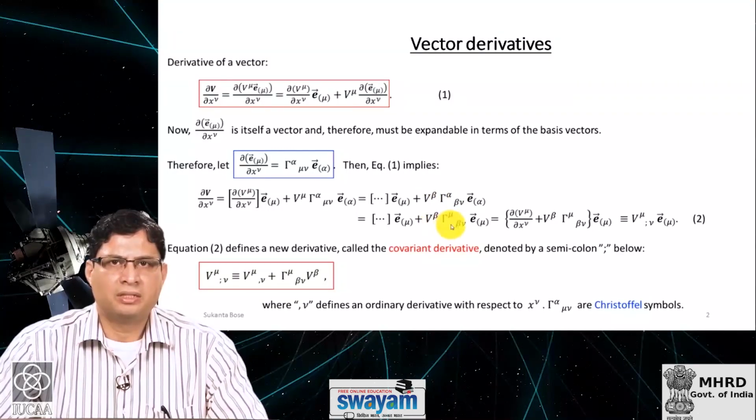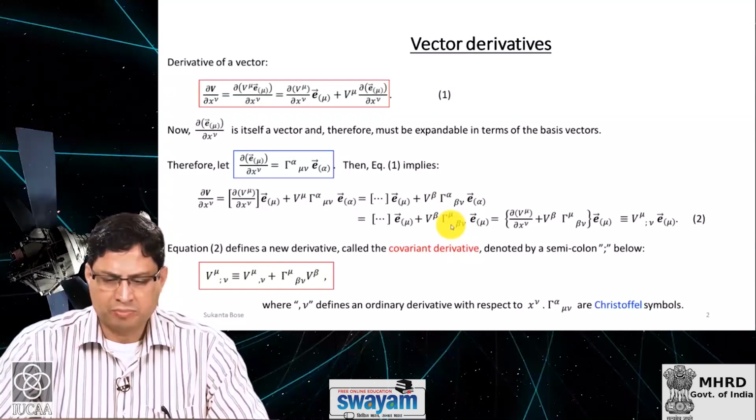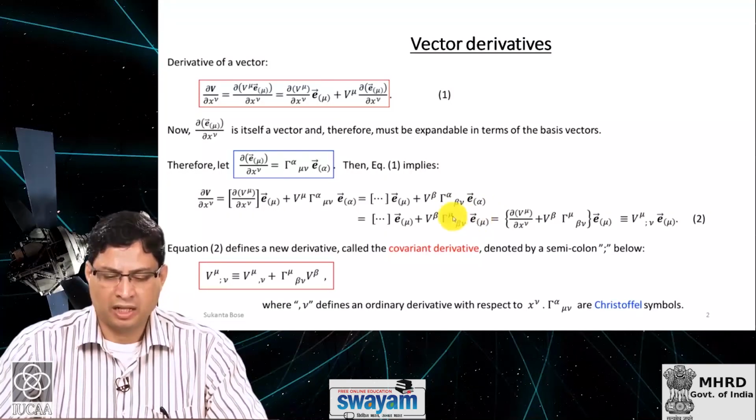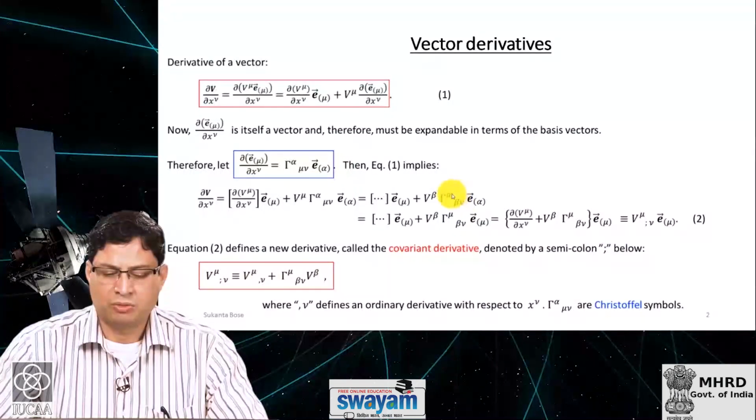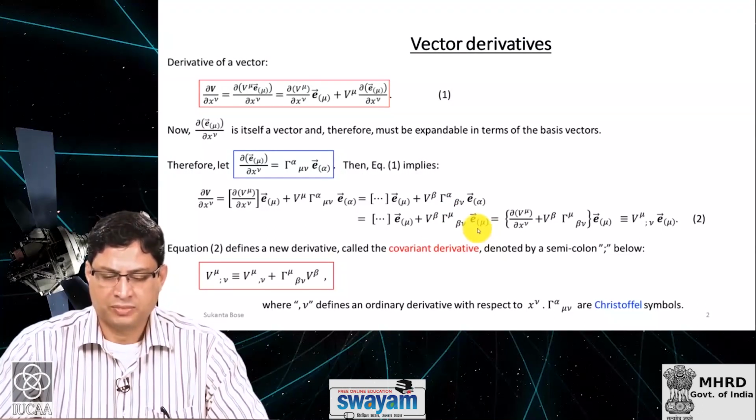So in the third step here, I retain this sum over beta, but I replace the alpha sum with the sum over mu, and that is allowed and legitimate because alpha is a dummy index, because it is summed over using the summation convention. So regardless of whether you sum over alpha going 0 to 3, or in this case mu going from 0 to 3, the answer remains unchanged.